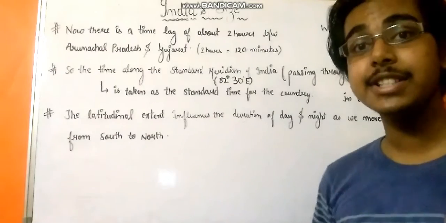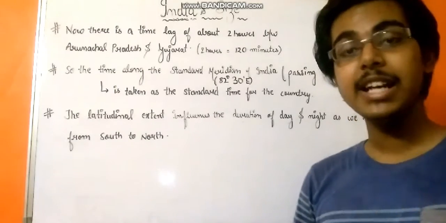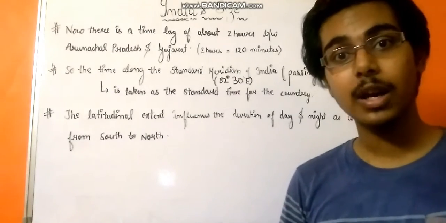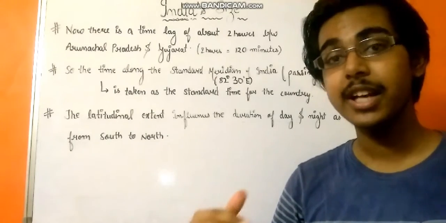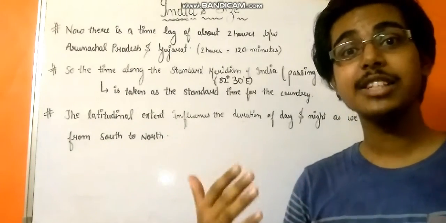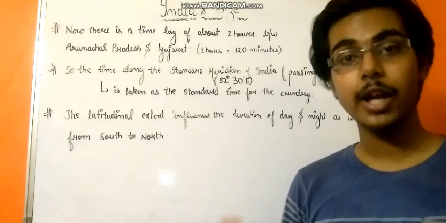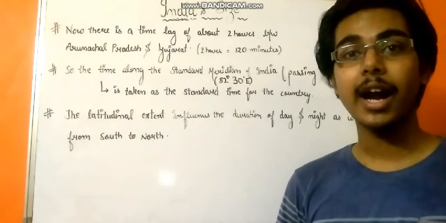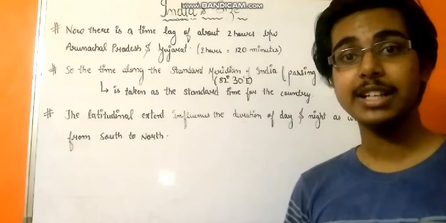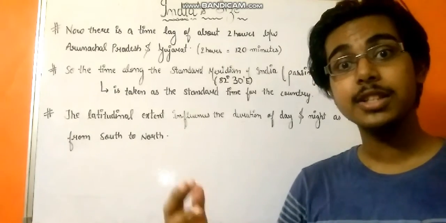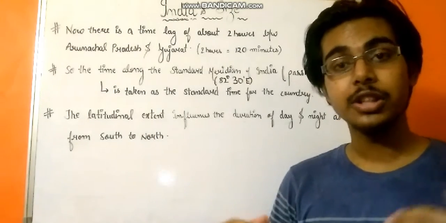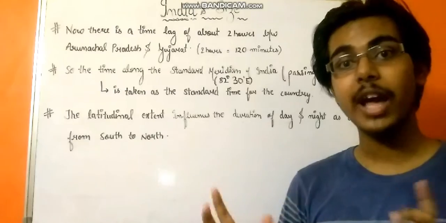Now let us understand what a meridian is. You must have studied this in your lower classes, but a meridian can be considered as a circle which passes through both the poles, that is the south and north pole. Also you can understand this as an imaginary line which joins the south and the north pole. So these two poles are the two extreme ends of the earth.